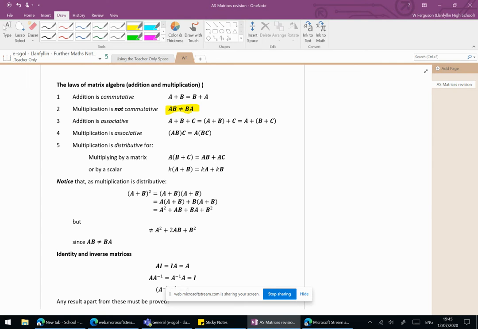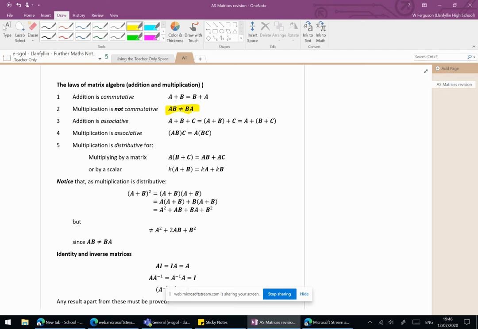Multiplication, you need to be a little bit careful with the associativity of multiplication because the order still has to be correct in terms of left-right. So I can do AB first and then right multiply, or post multiply as it's sometimes called, by C, or I can do BC first and then, as long as I left multiply the result of that by A, sometimes called pre-multiply it by A. So we can't necessarily just talk about multiplication.